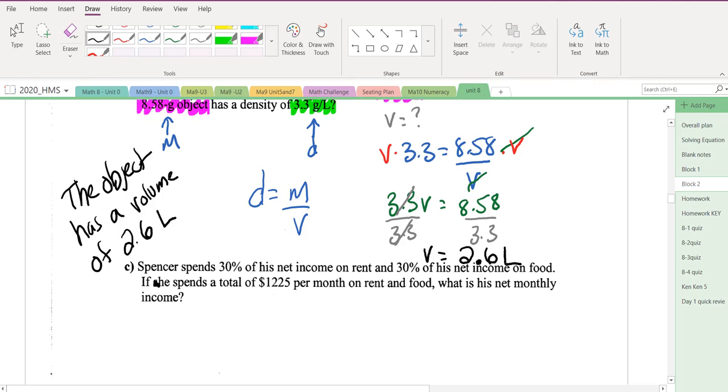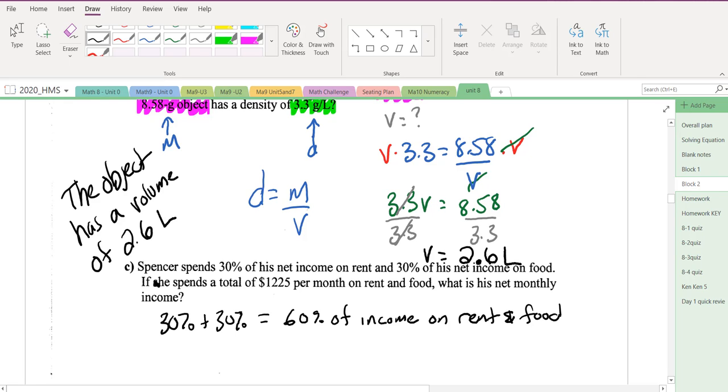They're saying 30% is on rent, 30% is on food. That means altogether he is spending 60% of income on rent and food. Which is $1,225.